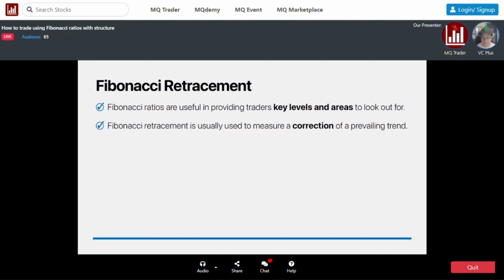It's a pullback. So we can utilize Fibonacci retracement to help us measure the correction. Did it pull back very shallow, or did it pull back very deep? How do we know? We use Fibonacci retracement ratios to help us define that.